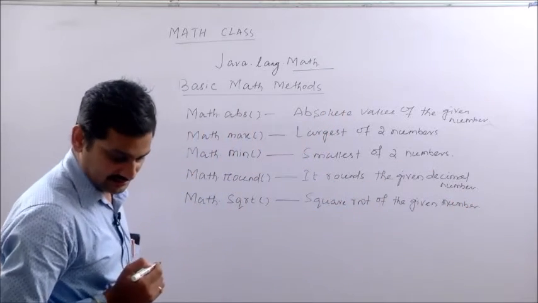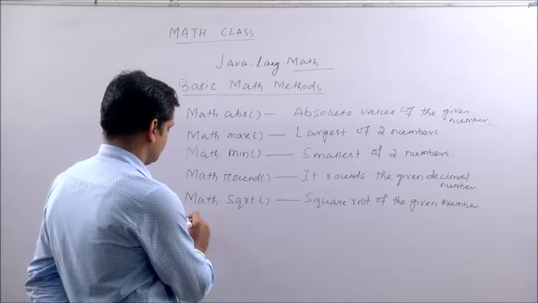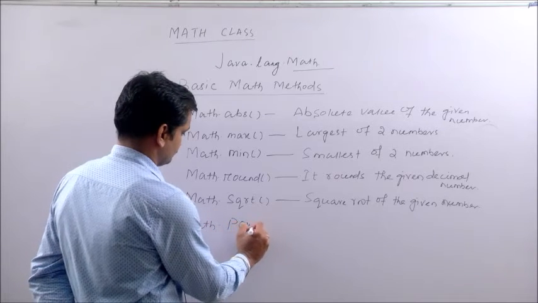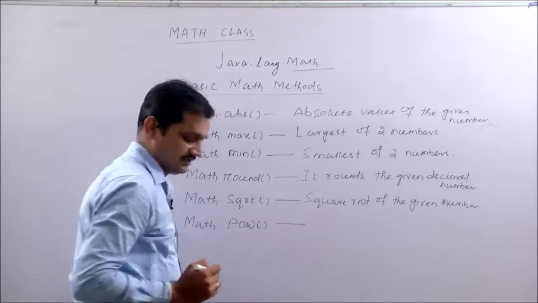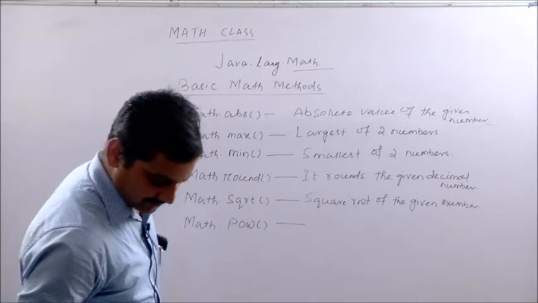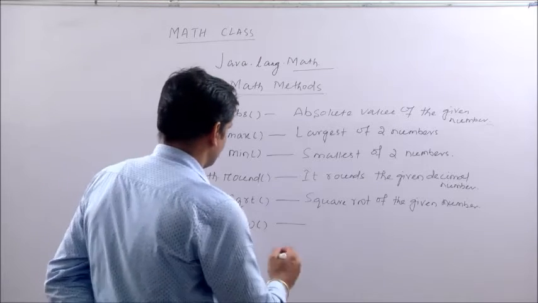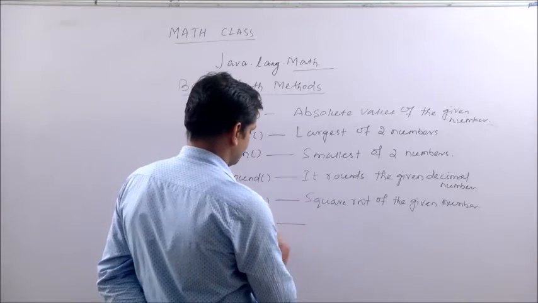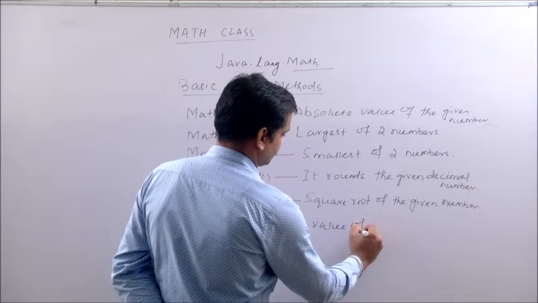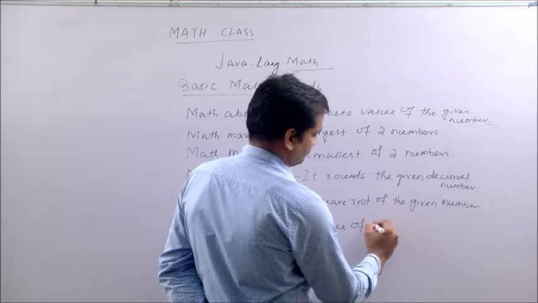Then next is pow. This method gives the value of the first argument raised to the second argument.